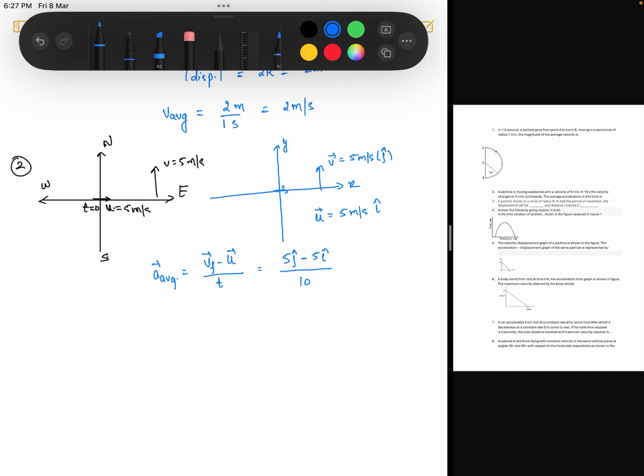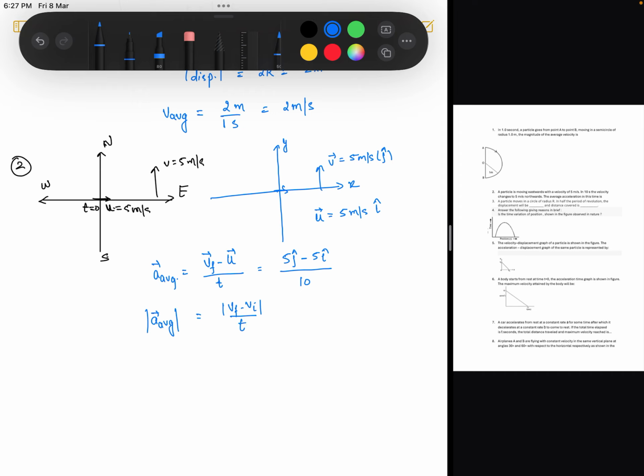So from this we can calculate the magnitude of this average acceleration, that will be equal to a average magnitude is equal to the magnitude of this vector v final minus v initial divided by this time.